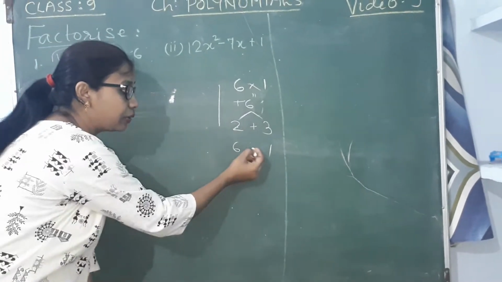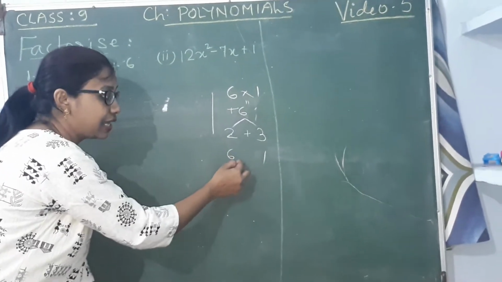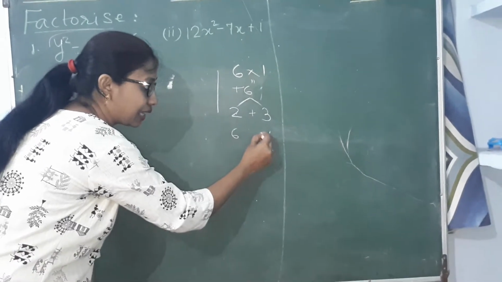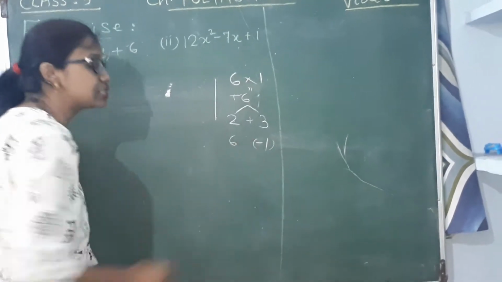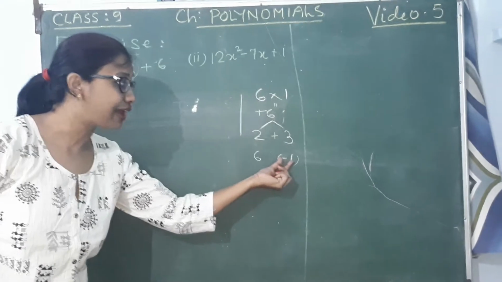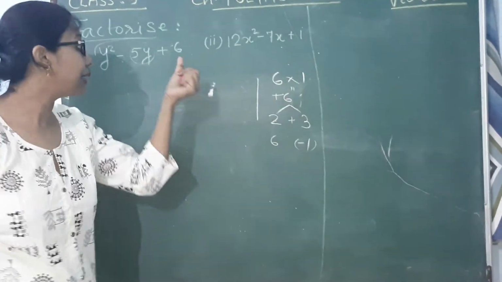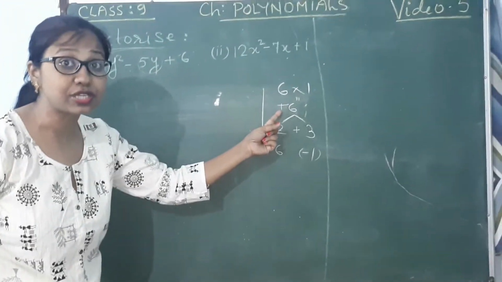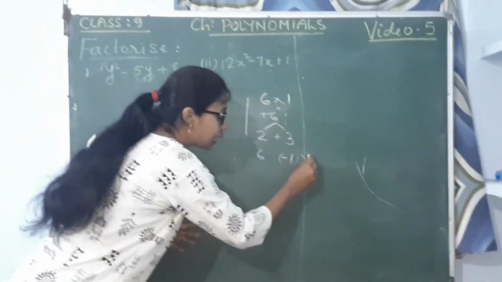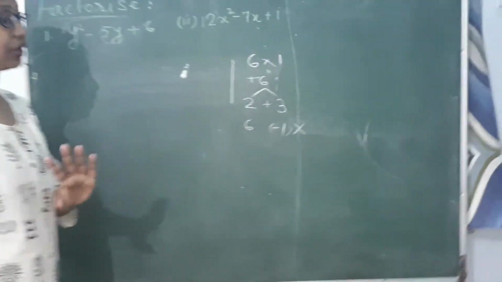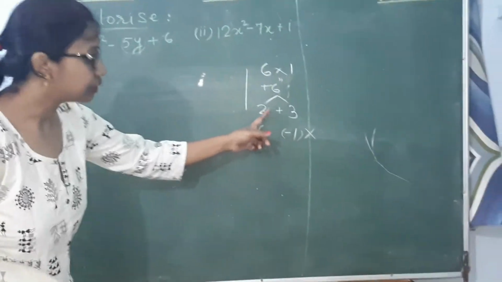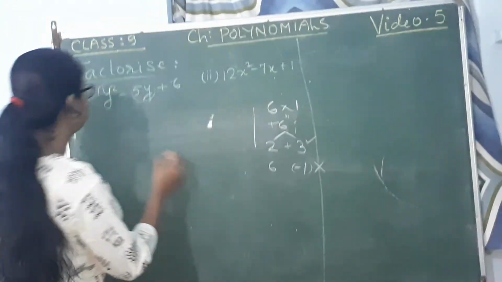But to get 5 here with 6 and 1, we have to subtract: 6 minus 1. So 6 into minus 1 gives minus 6, but what we needed here is positive 6. So this combination will not be accepted. This is the correct combination.